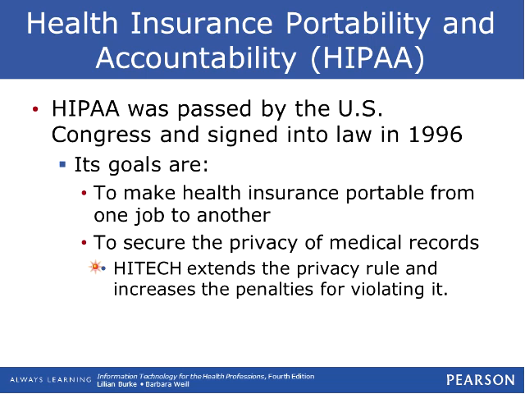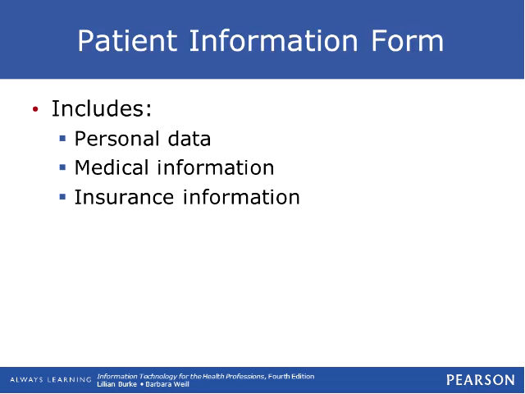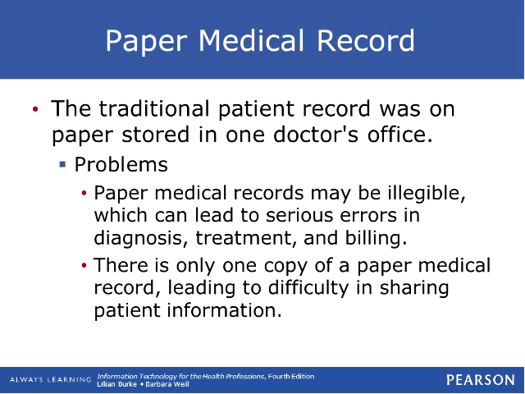And HITECH extends that privacy rule and increases the penalties for violating that. So making your information portable, but having great penalties if somebody violated security and privacy. Now, the patient information form includes your personal data, your medical information, and your insurance information. So it's a pretty succinct, extensive form that covers lots of information.